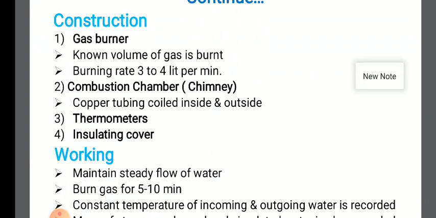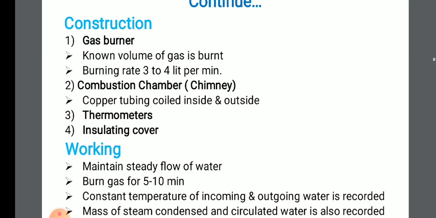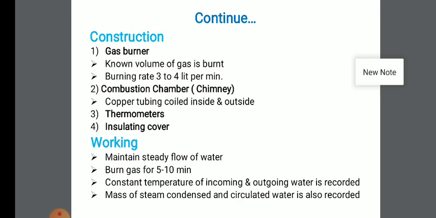In the gas burner, a known volume of gas is burnt at a known pressure, at the rate of 3 to 4 liters per minute. The second point is the combustion chamber. Around the gas burner there is a combustion chamber which has a copper tubing coil system inside as well as outside of it.